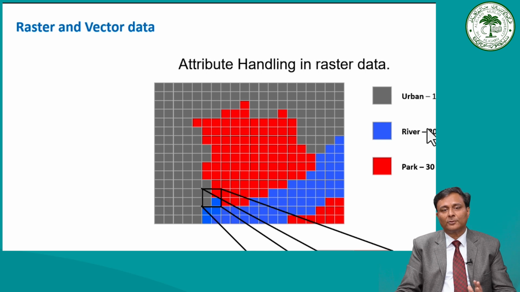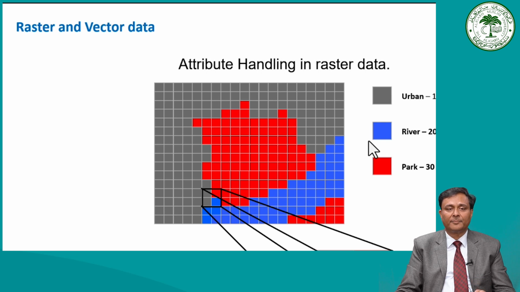Now why do we have to assign the digital number? Simply because we all know that we are representing this data in digital format. So for the system to understand what kind of land use is being represented in digital format, instead of this feature information like urban, river or park, we would assign them a specific digital number.